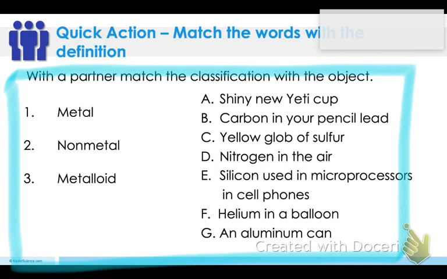For example, you can either draw a line or write the number. Whatever works best for you, that's what you're going to do. So again, draw a line or write the number next to it. Go ahead and work with the partner that is working on the notes at the lab table with you.